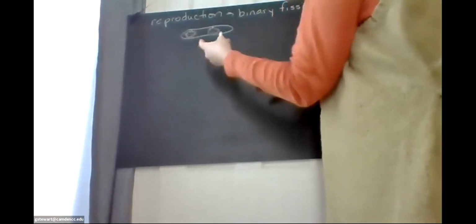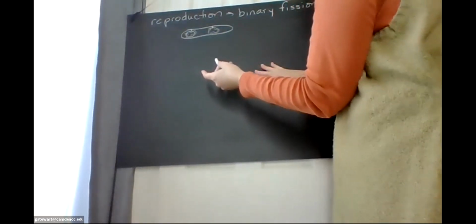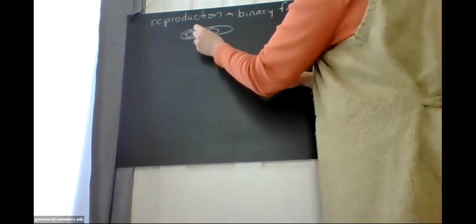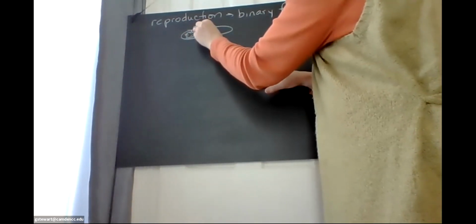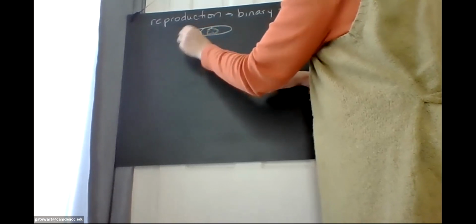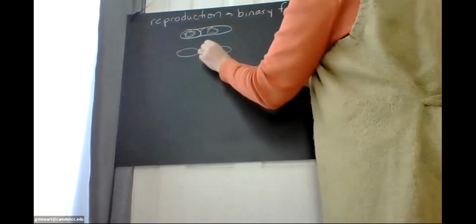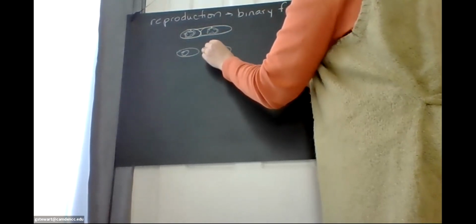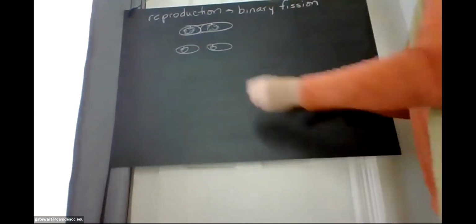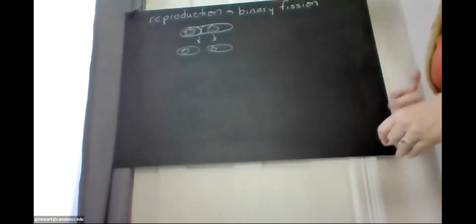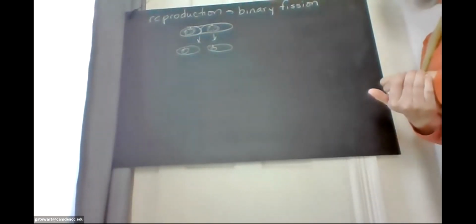And once replication is complete, chapter 9, one of your favorite chapters, then basically all that happens is a septum is formed between the two cells, and they're going to divide into two cells. And yes, they will be slightly smaller at first in size than the parent cell, but then they will grow a little bit, and then each of them will also engage in binary fission.